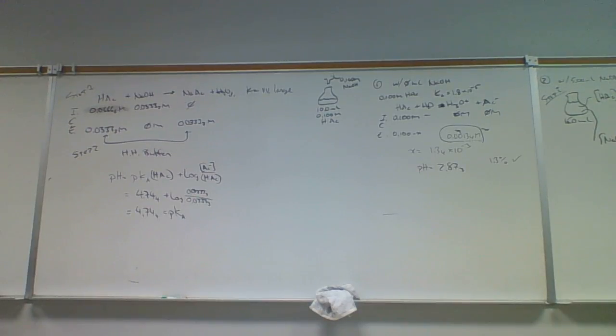And so we call this the buffer range, right? Because a Henderson-Hasselbalch buffer should be within a pH of pKa plus or minus 1, which gives us a 10-to-1 ratio of acid over here, and a 10-to-1 ratio of base over here. If we go further, we'll get more base than 10-to-1.